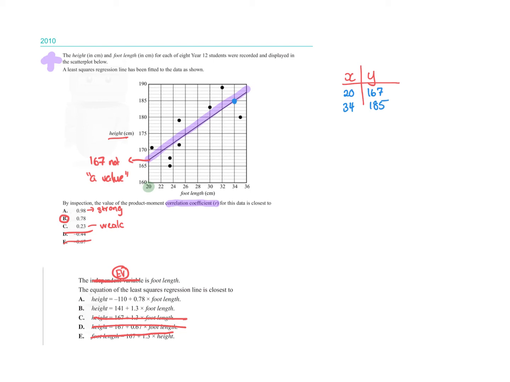So I'll pop that into the calculator, and we'll do a lin reg, and we get an A value of 141 and a B value of 1.3, which is this one.